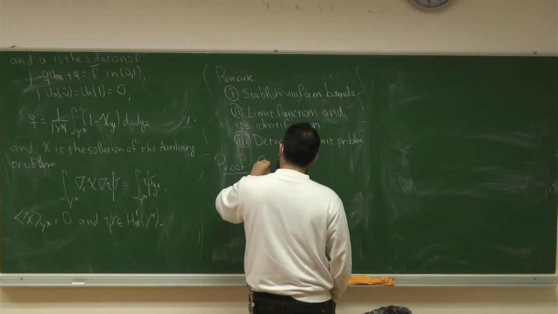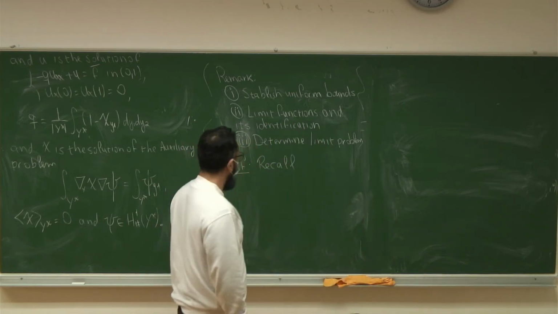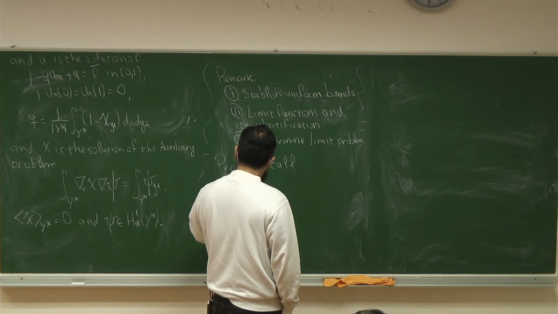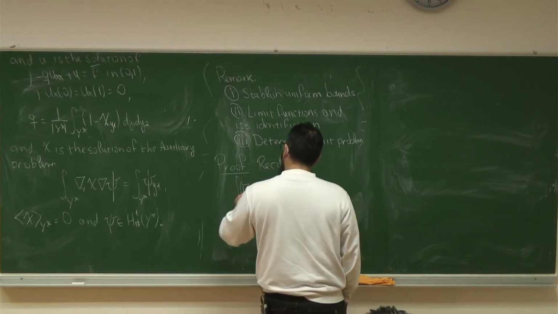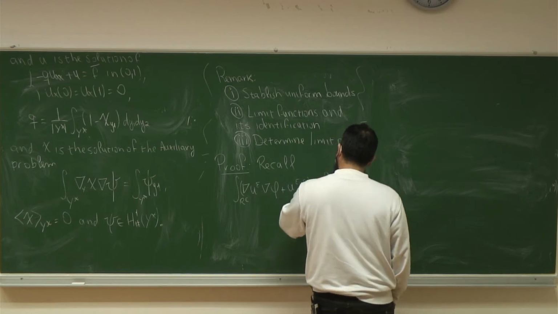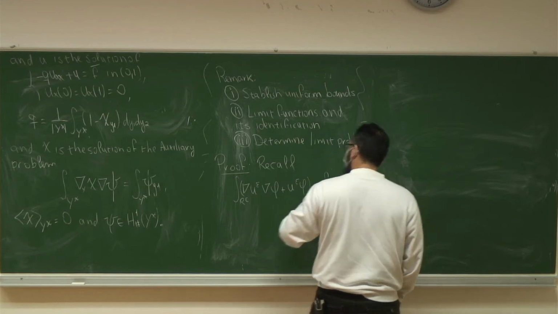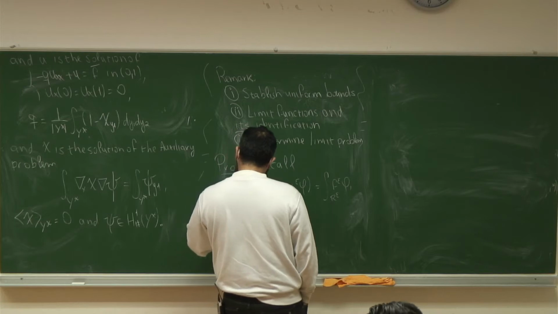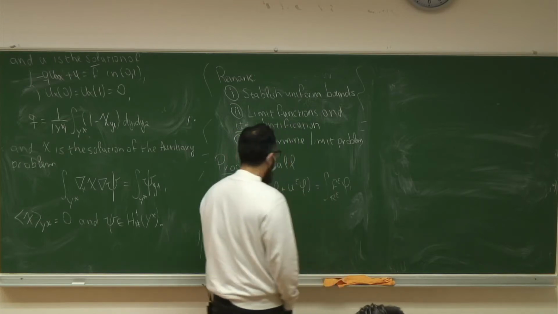So first, recall that a solution of our reaction diffusion problem is a weak solution of the following problem, for all phi in H1. And it's very simple.